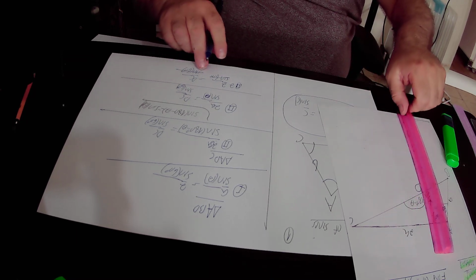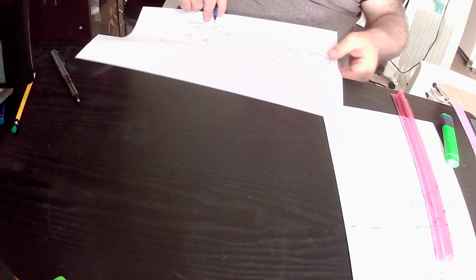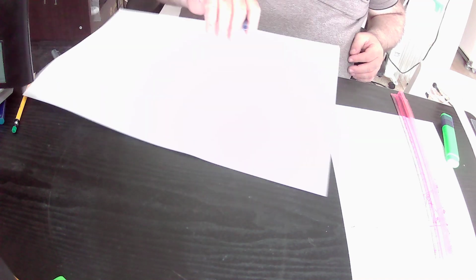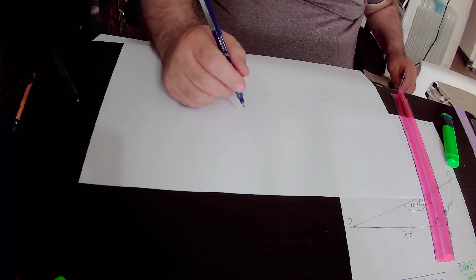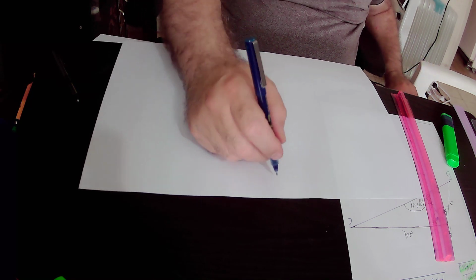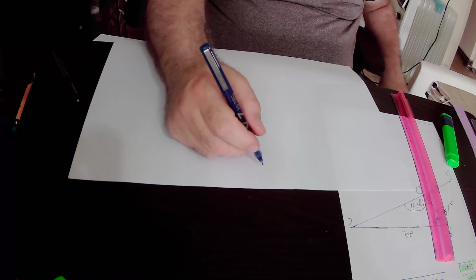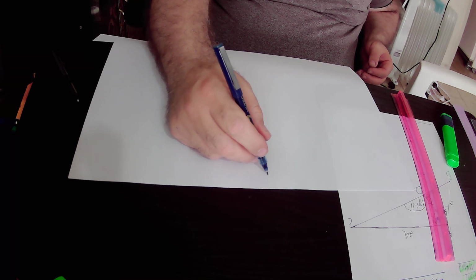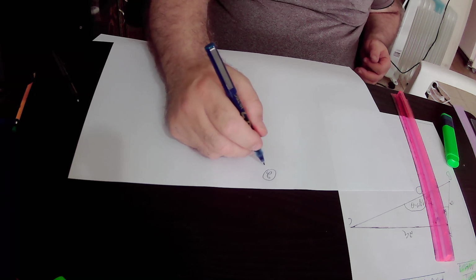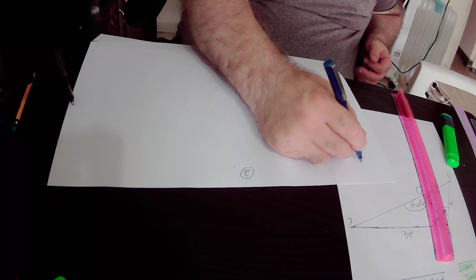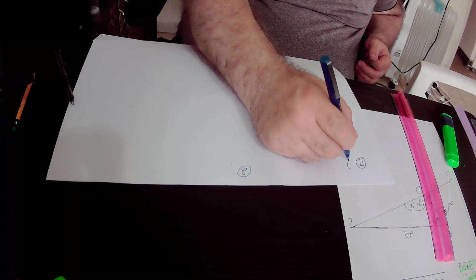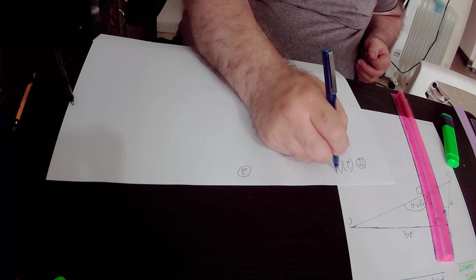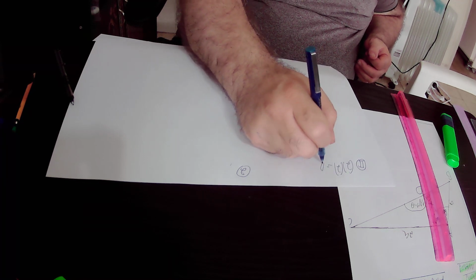And what is left from equation number 2 after we cancelled sine of 60 degrees? What is left is 2 times 2 equals DC.